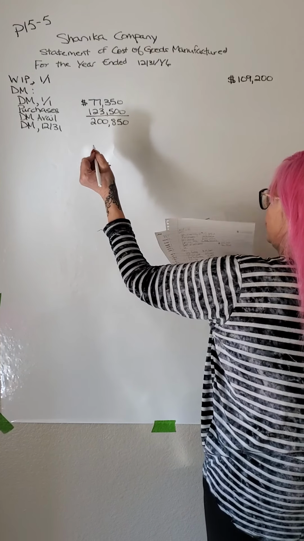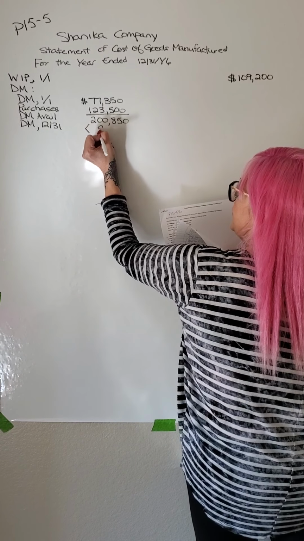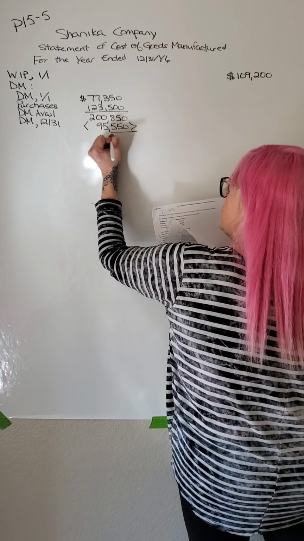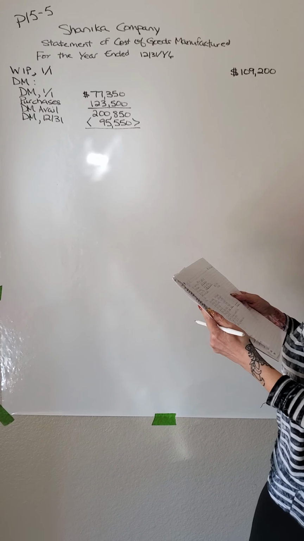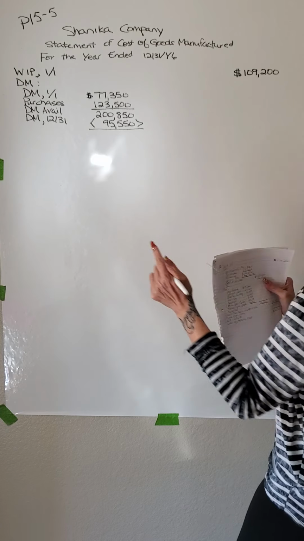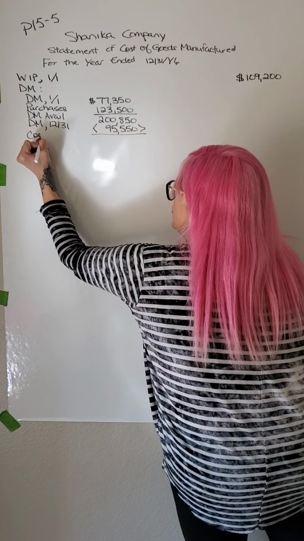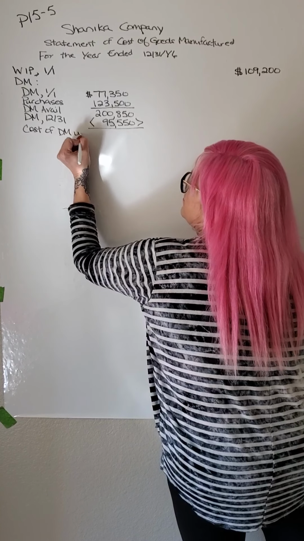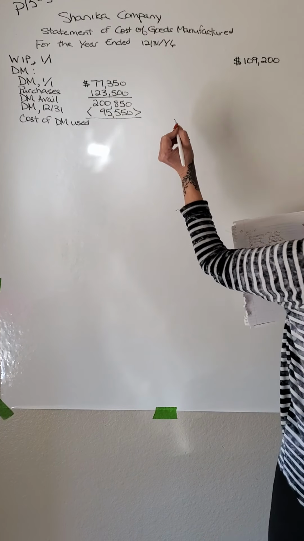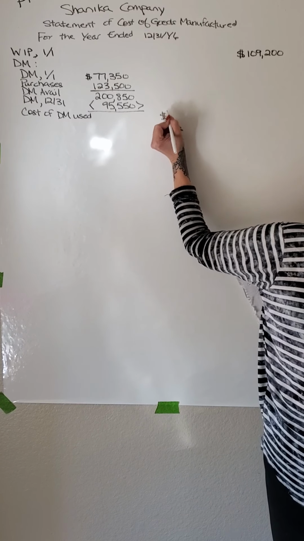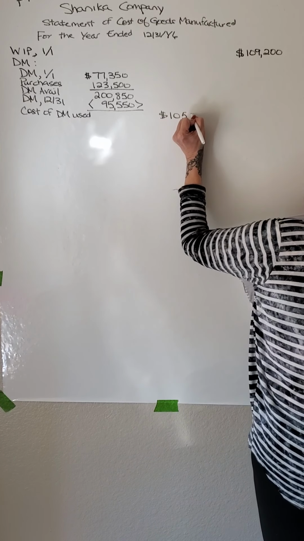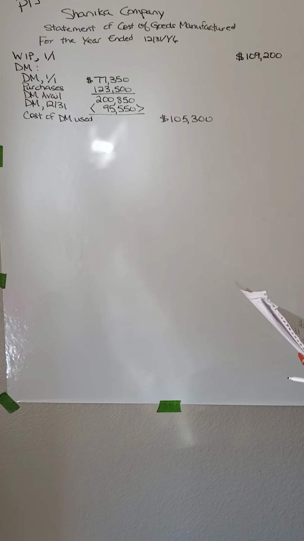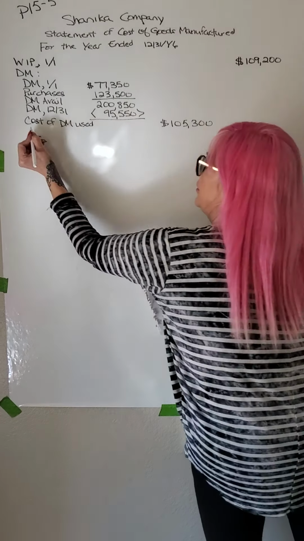And that amount was $95,550. And so we're going to be able to come to our direct cost of direct materials used. And that's going to move to this middle column, and that amount is $105,300.